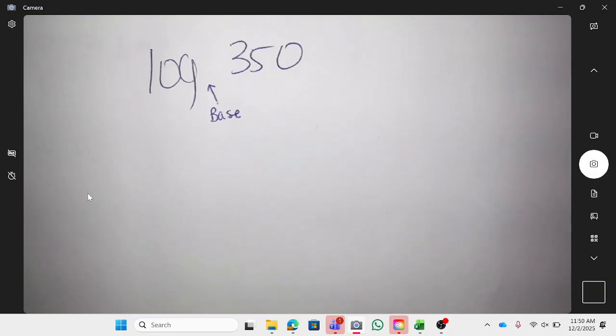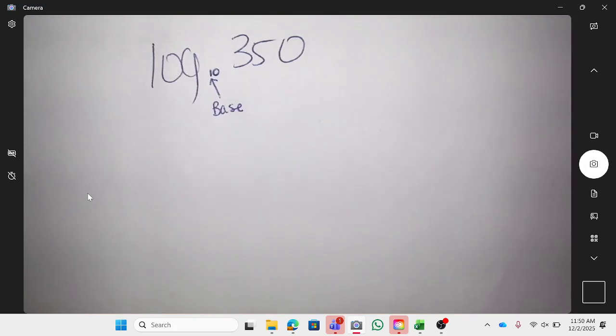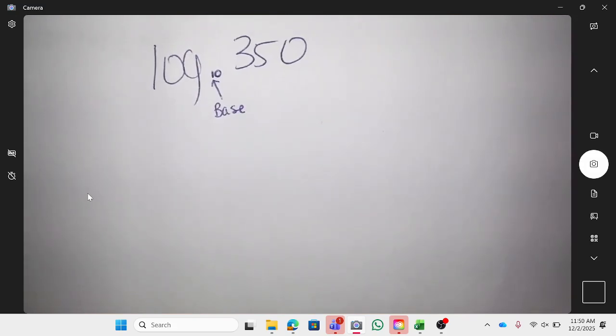There's a secret number there. Anybody want to guess what the common base theme of numbers is? 10. Okay? So in a log, if there is nothing there, it's secretly a 10.